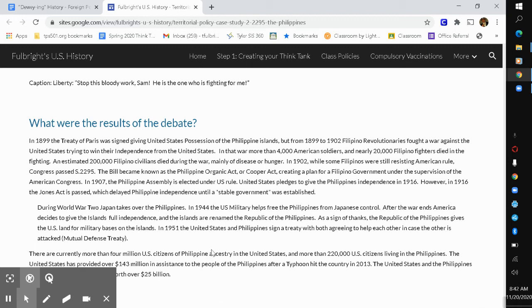We have provided lots of assistance to the Philippines after a typhoon hit the country in 2013. We have an economic relationship of over $25 billion. So while the war is obviously a pretty bad spot in our history, it is worthwhile to know that we have improved the relations, but really the importance of that relationship to us is also tied up in money.